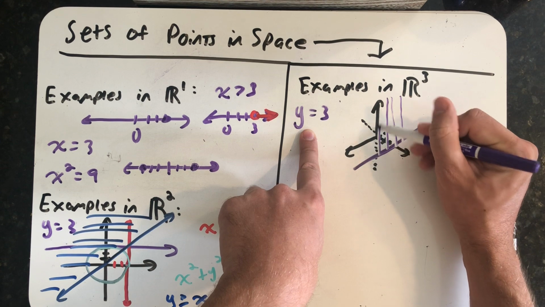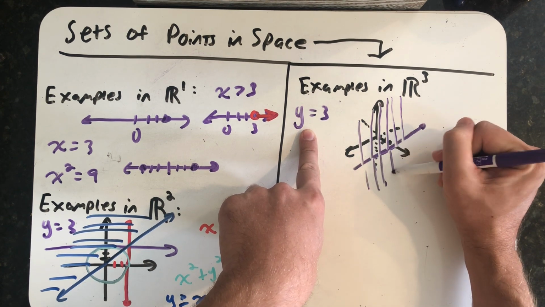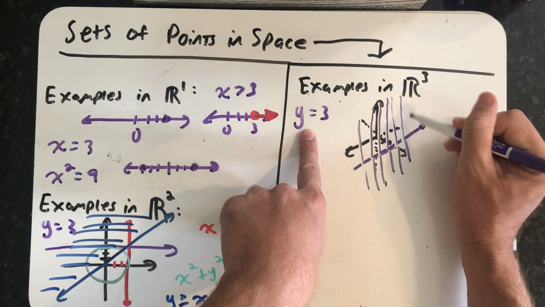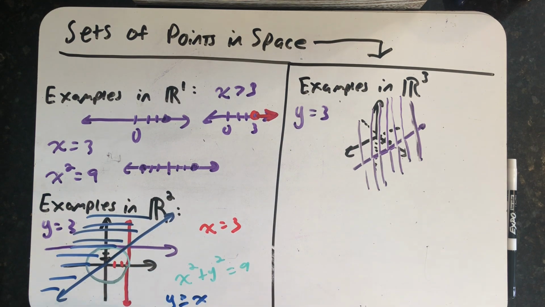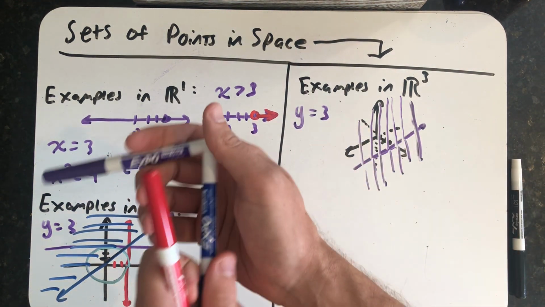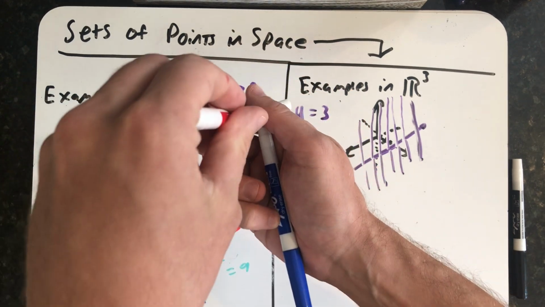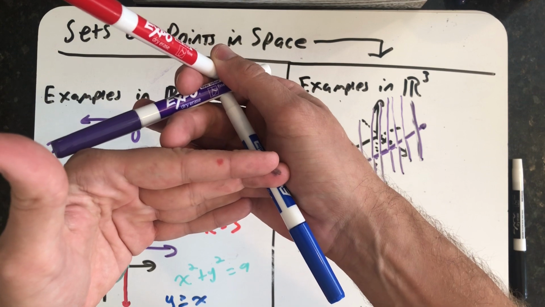All right, I get all those nice happy points above and below that line, perpendicular to the y-axis, crossing through at y equals 3. And so a little bit hard to draw, but if I think about an x and a y-axis and a z-axis like this, at y equals 3, I'd get a plane that cuts through.